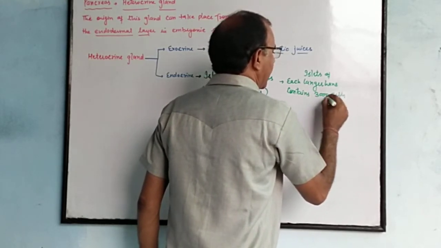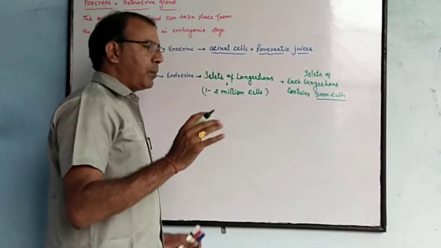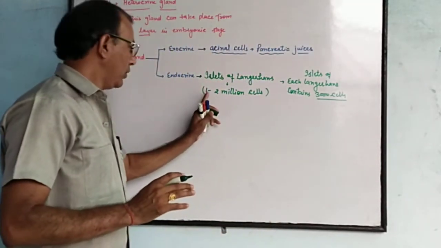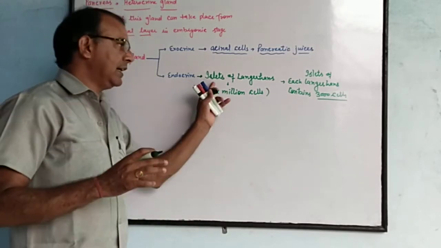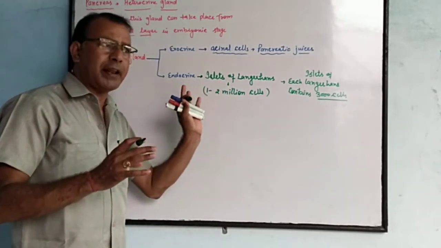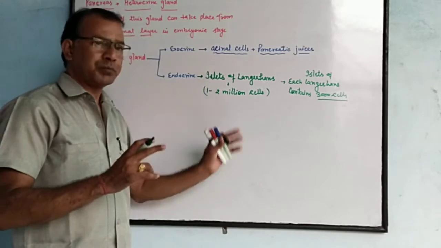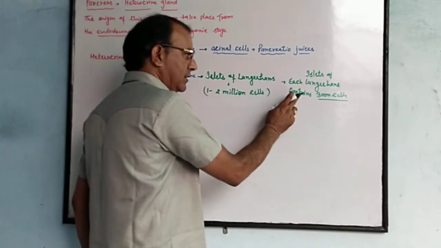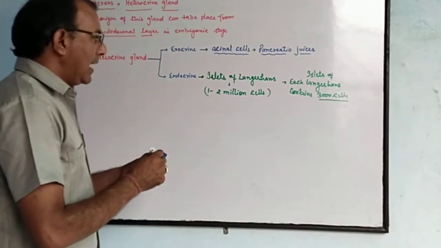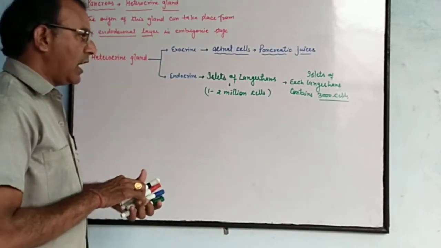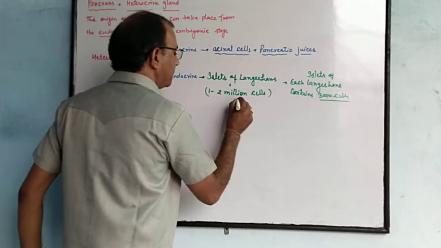So there are many islets of Langerhans, and each consists of 3000 cells. In islets of Langerhans there are 4 types of cells.